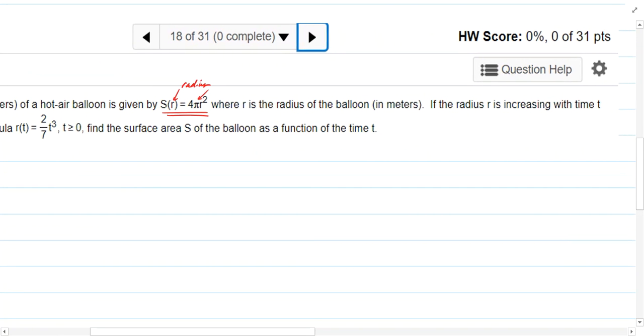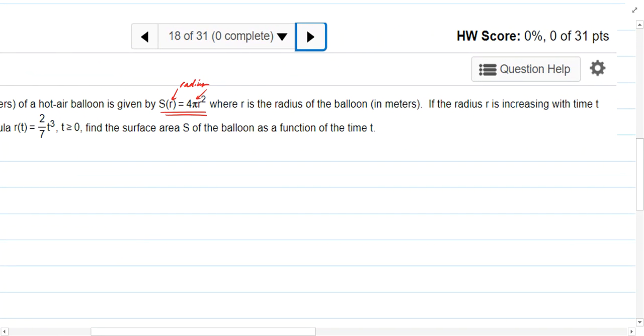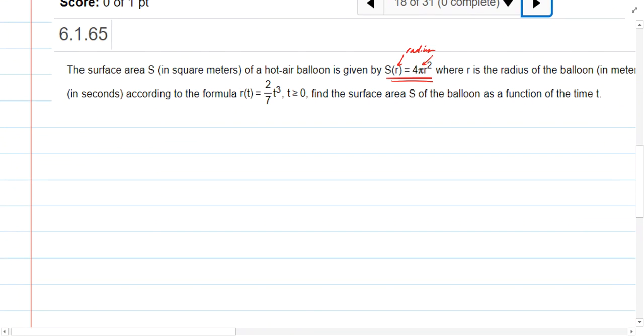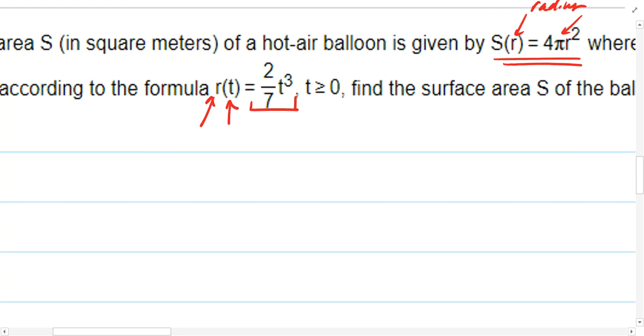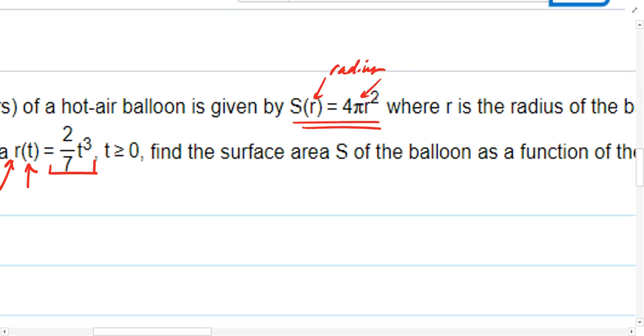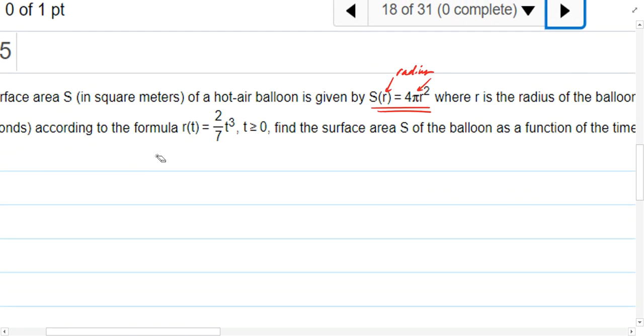Well, as it turns out, it's kind of difficult to measure the radius of the balloon while it's being inflated. But what we do know is that the radius of the balloon, based on the amount of time that passes, follows this particular equation. So I can easily measure with a stopwatch the amount of time that's passed since I've started filling the balloon. And if I know how much time has passed, I can calculate the radius. And once I have the radius, I can then calculate the surface area of the balloon.